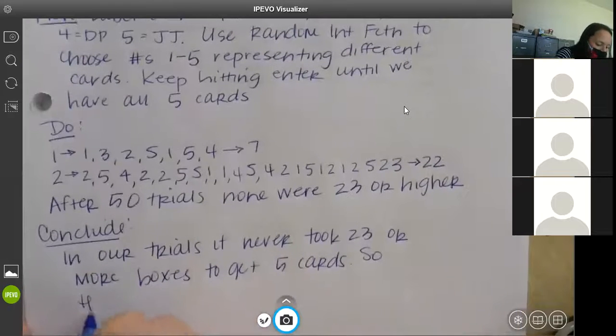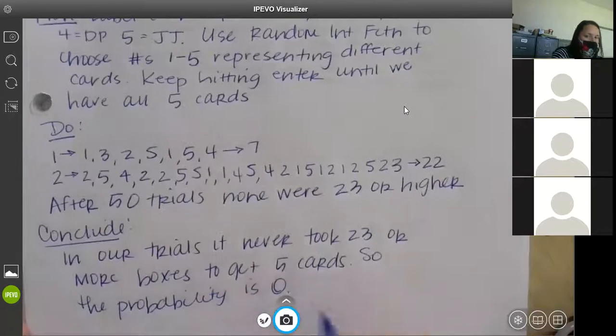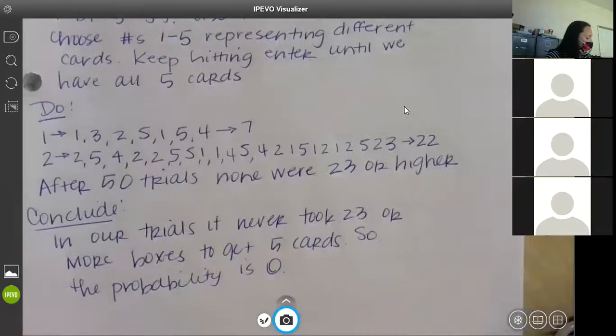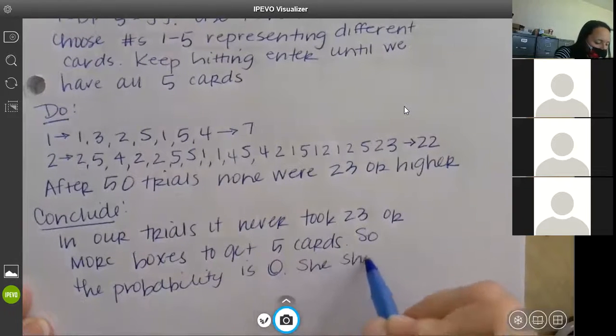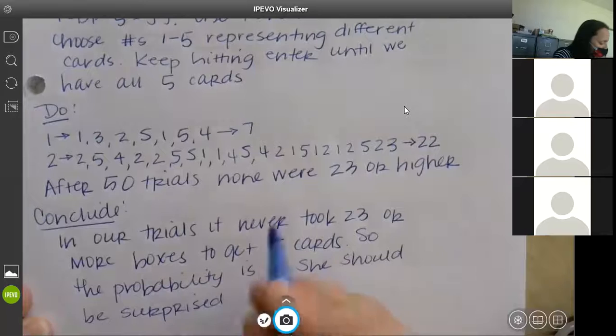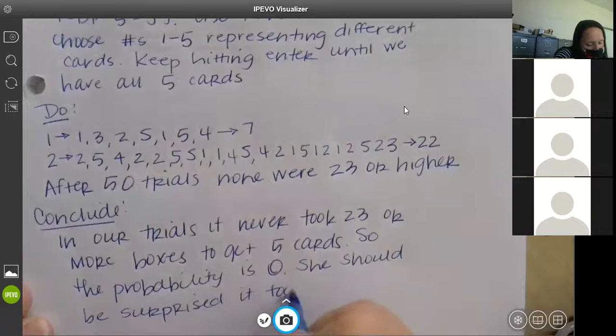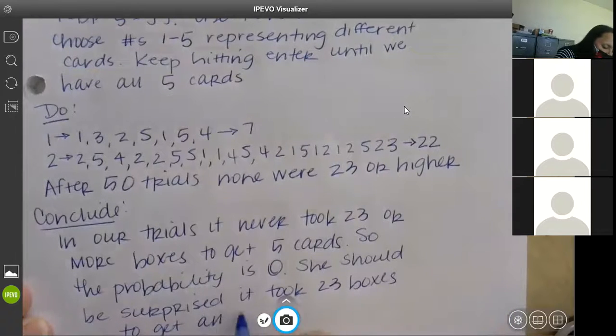So the probability is, yep. Should she be concerned? That's the question. Should she be surprised? Yes. She should be surprised. It took 23 boxes to get all 5 cards.